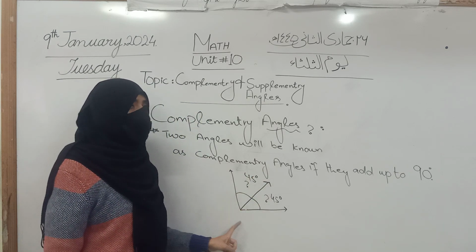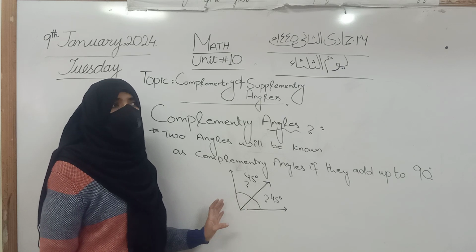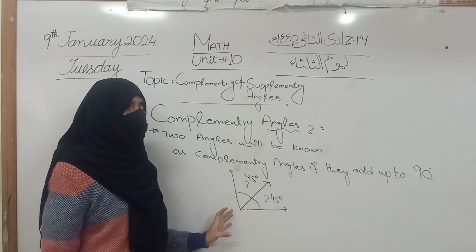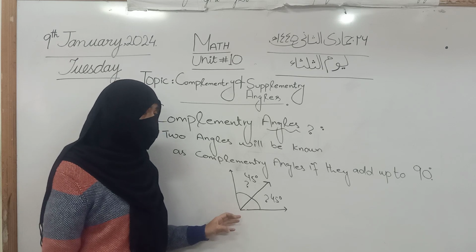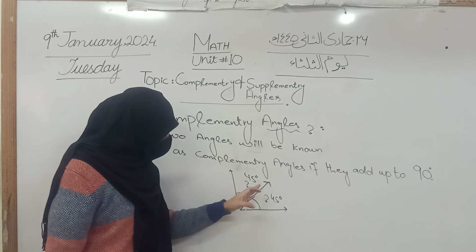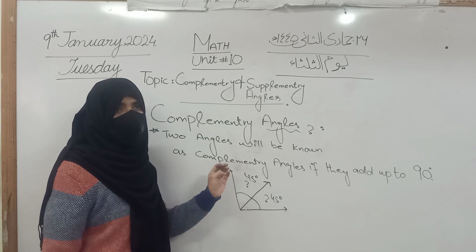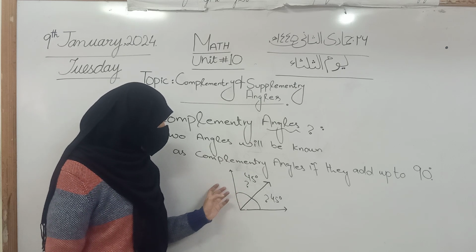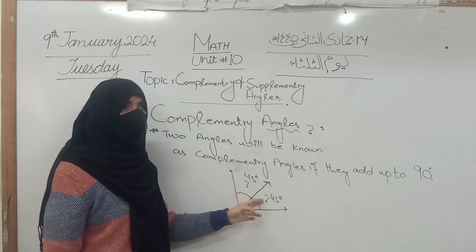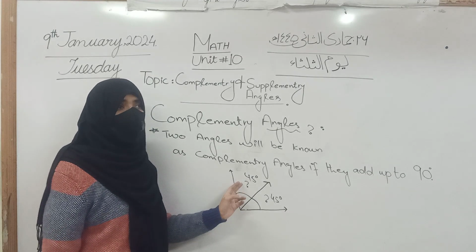Because the measurement of the complete angle was 90 degrees, as they are perpendicular lines sharing a common vertex. When I break the angle into two equal parts, obviously this angle will be 45 degrees, half of 90, and this angle will also be 45 degrees.